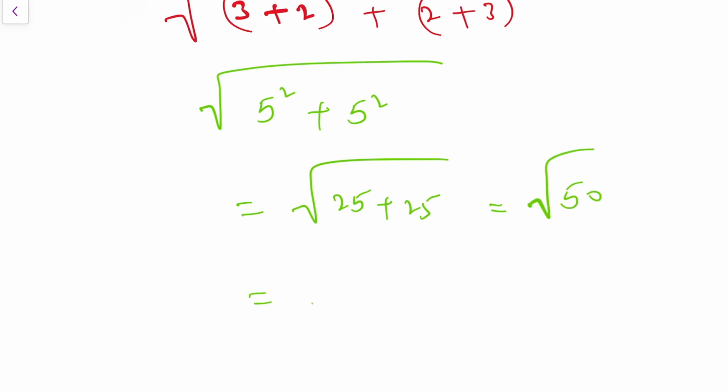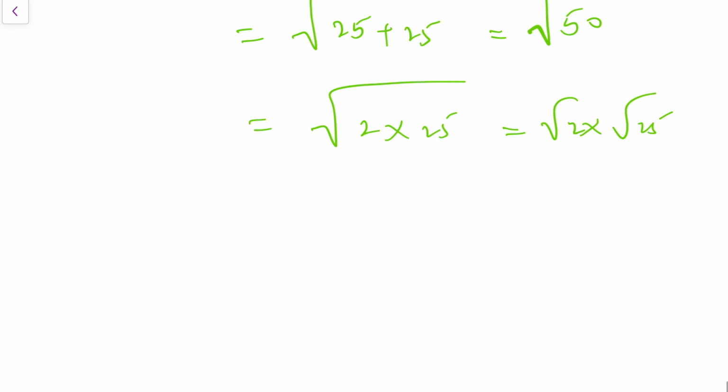That equals under root 2 times 25, root 2 into root 25. Root 2 we don't know the value, so write it as it is, into root 25 is 5. So the final distance is 5 root 2 units.